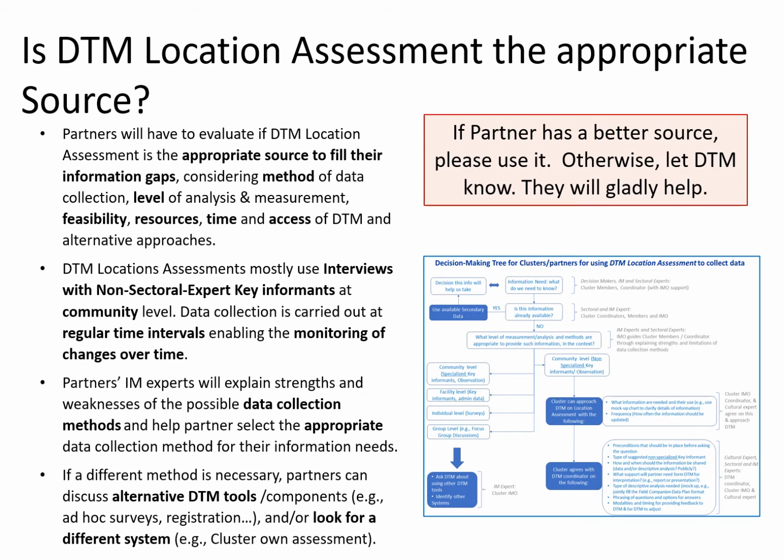Partners will have to evaluate that, and they will consider method of data collection, level of analysis and measurement, feasibility, resources, including time, and access that DTM and alternative approaches have.